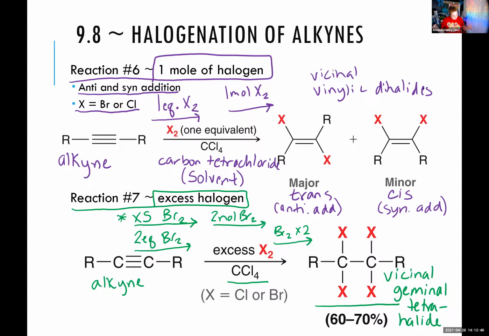I'm looking at my notes here. 6, 7. Any questions about either one of those? So for that second one, in terms of stereochemistry, regiochemistry, we're giving the same atoms to each of those carbons.